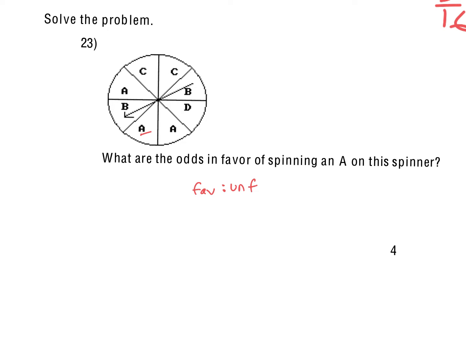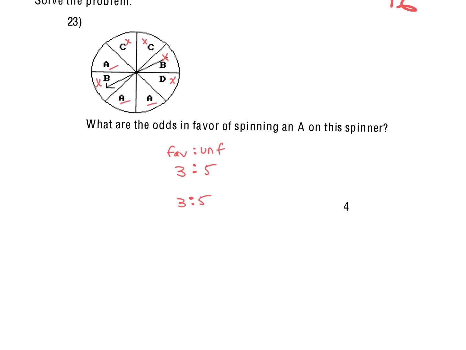So there are 2 that are A. No, take that back. 3 that are favorable, and there are 1, 2, 3, 4, 5 that are not favorable. So the odds are 3 to 5 in favor of spinning an A. The odds against spinning an A would be 5 to 3.